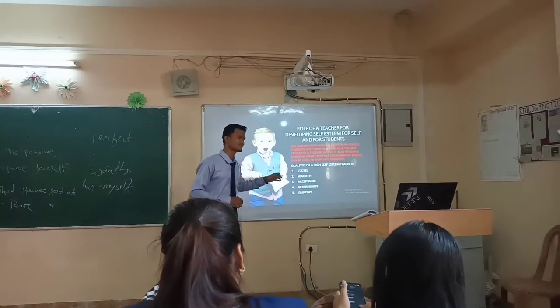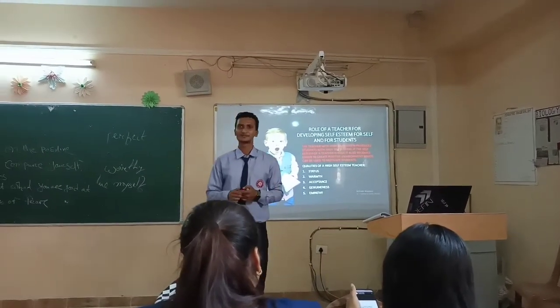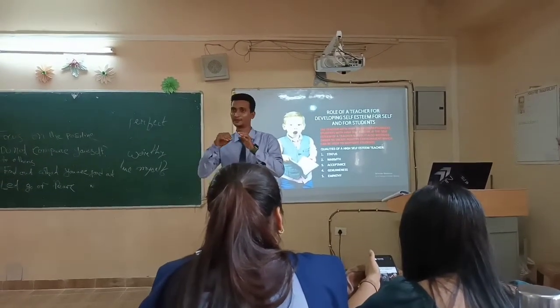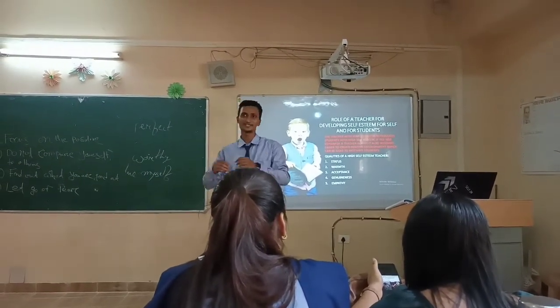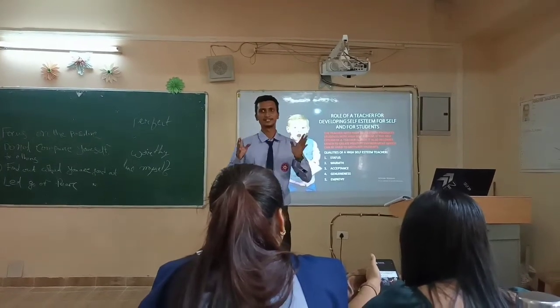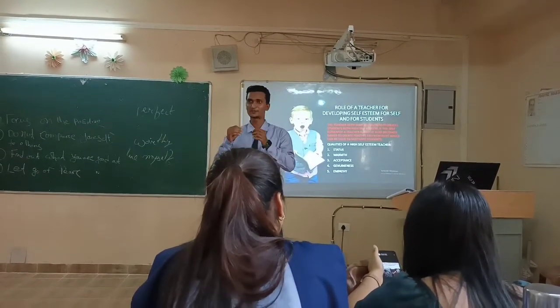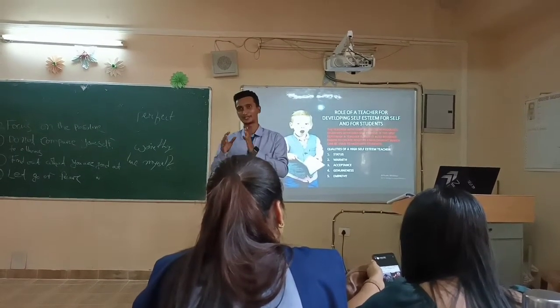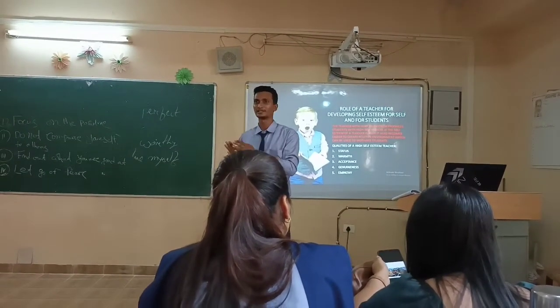And third is acceptance. As for acceptance, he should accept the student, like if there is any conflict going on in class or if any student has created a scene. The teacher should accept the student. He may be disappointed with the situation, but not with the student as a person.